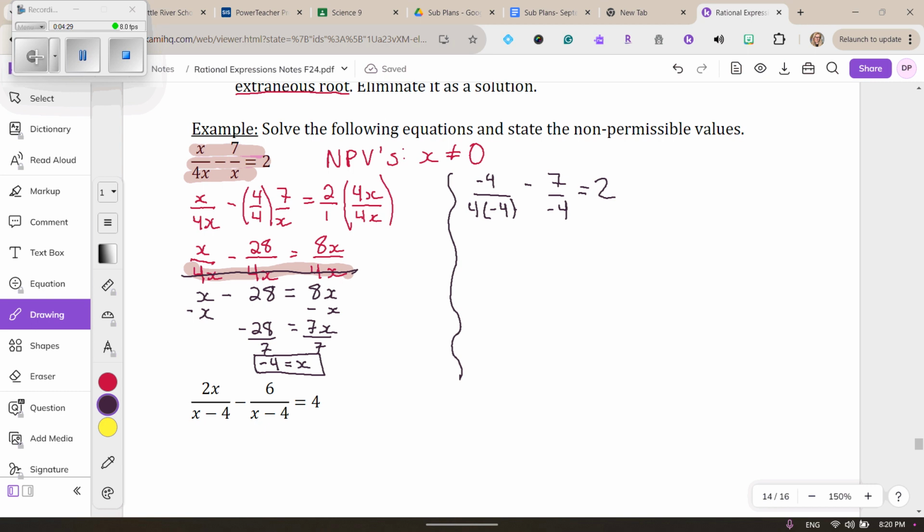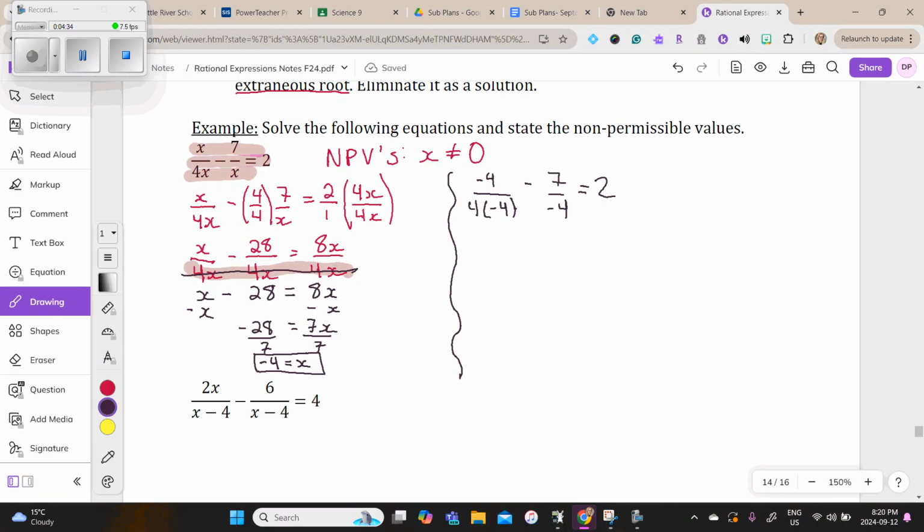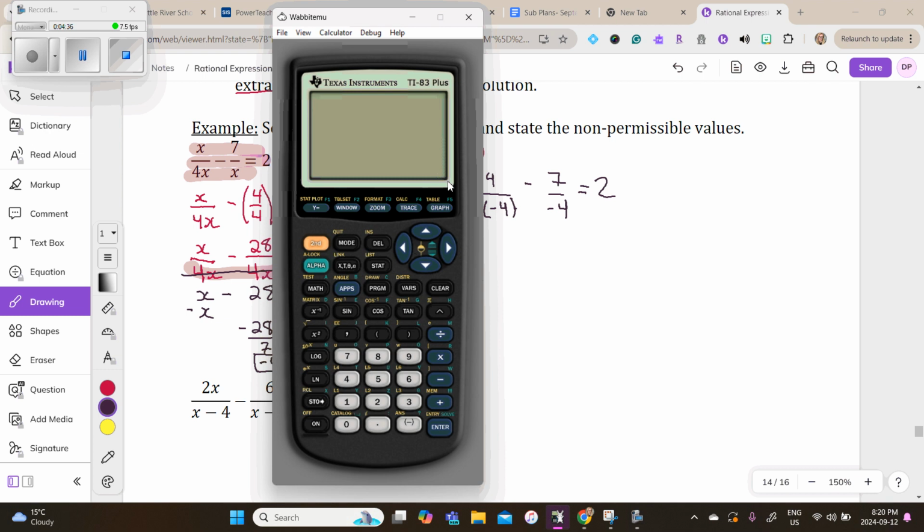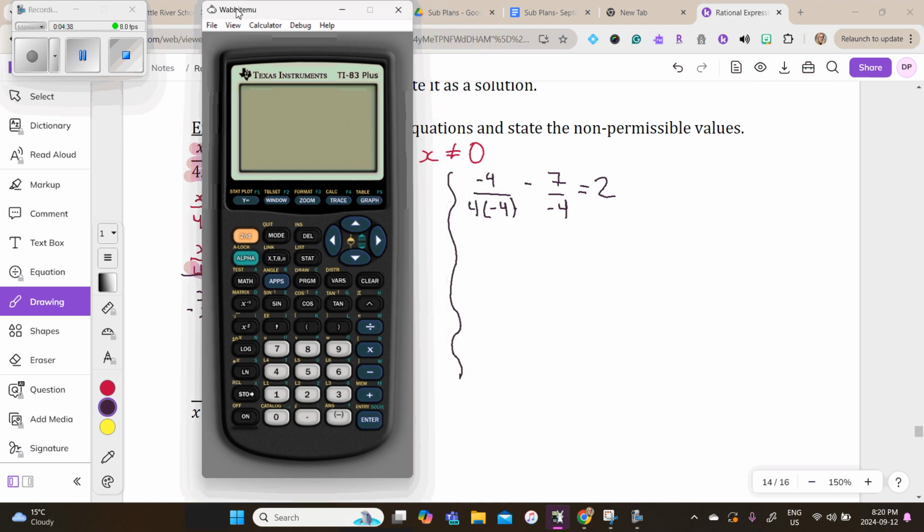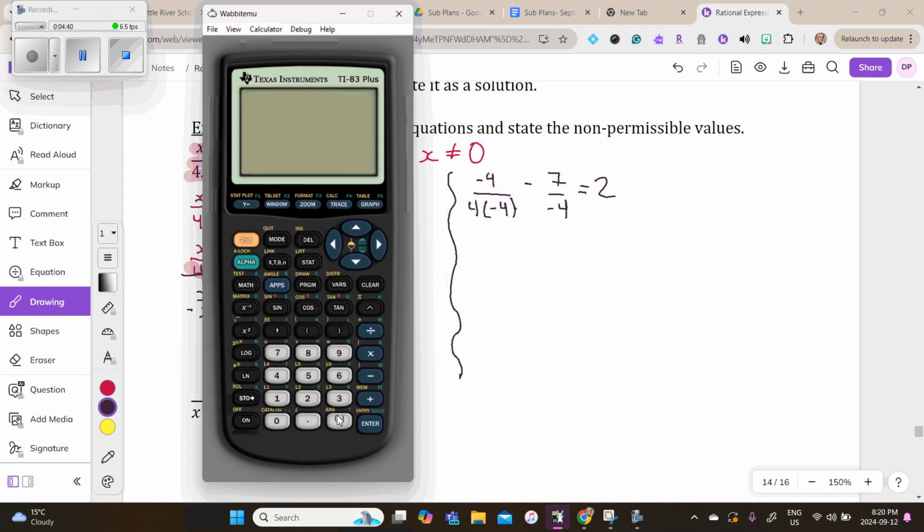And here's where I'm going to turn to the calculator as well. So I'm going to type in negative 4 divided by, I have to put brackets on the bottom of my fraction here. Negative 4 divided by 4 times negative 4.